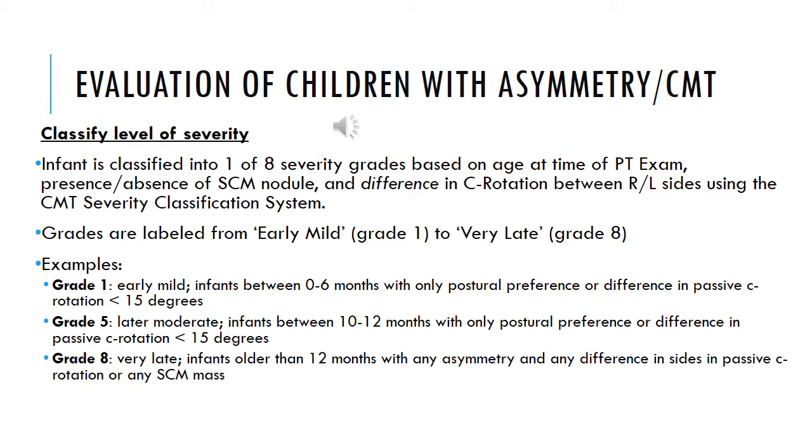As the child ages and the range and preference becomes a bit more severe, if you look at grade 8, that's very late, so these are children over a year of age, and they have any sort of asymmetry as it relates to either range of motion or the presence of a SCM mass. So definitely a progression there in severity when looking at going from grade 1 to grade 8.